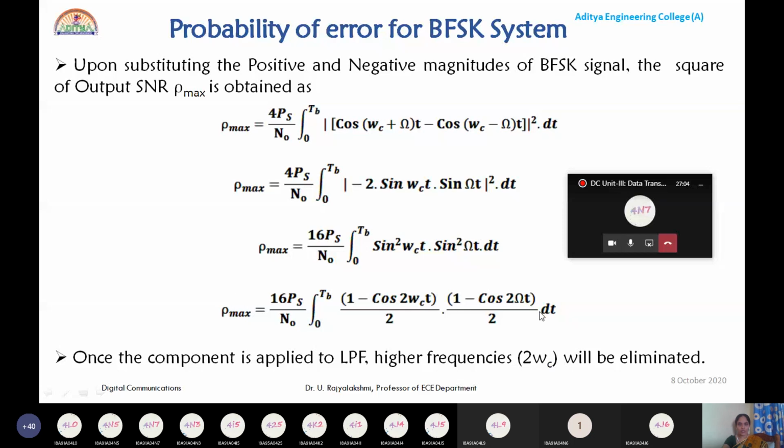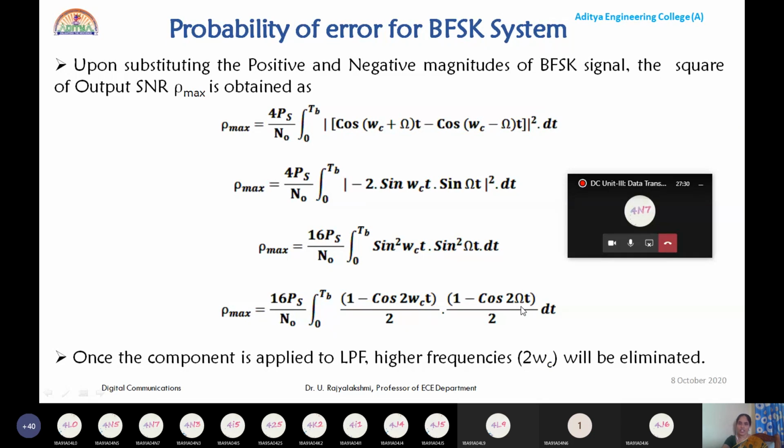Now if you carefully observe this equation, you can find that the 2 omega CT component is a higher frequency component, because you know that omega C is a carrier frequency, which is always a high frequency, and obviously 2 omega C will be a much higher value. And what about this delta omega T?